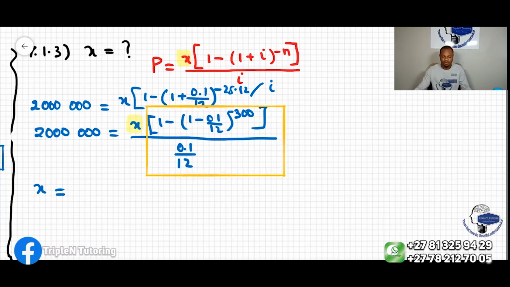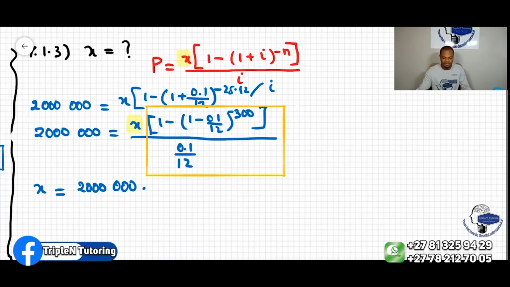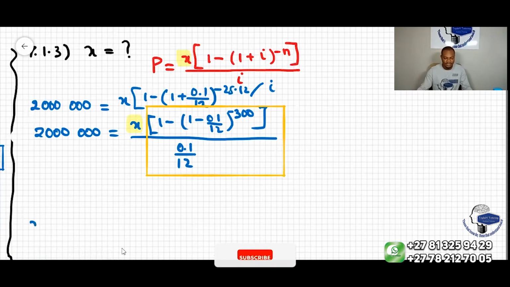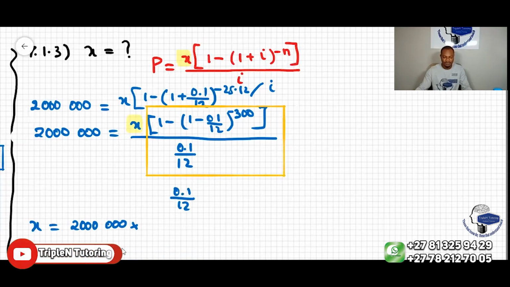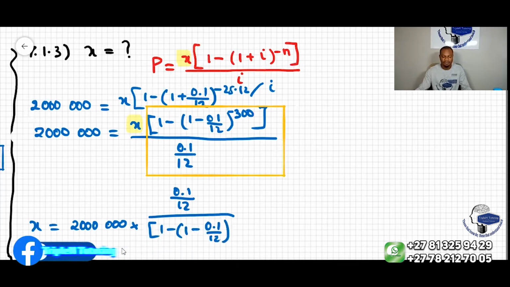That's how we can find X, because all this is a product. So X will be 2 million multiplied by the inverse of what is in yellow here: 0.1 over 12, over 1 minus (0.1 over 12) to the power of negative 300.